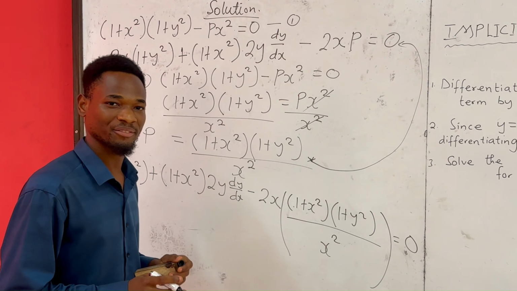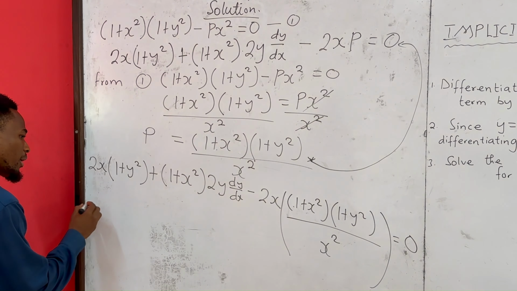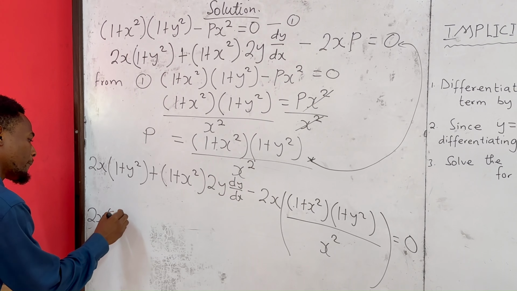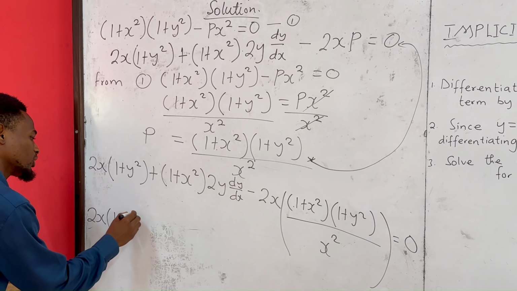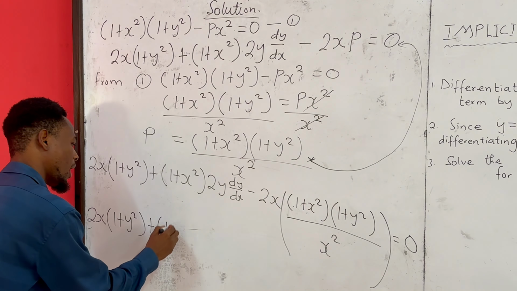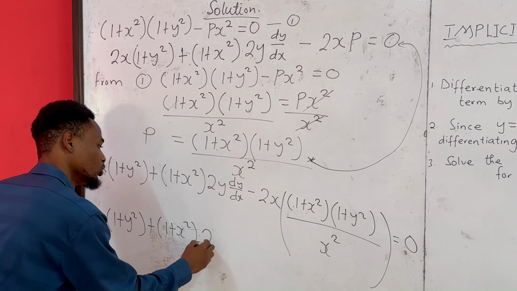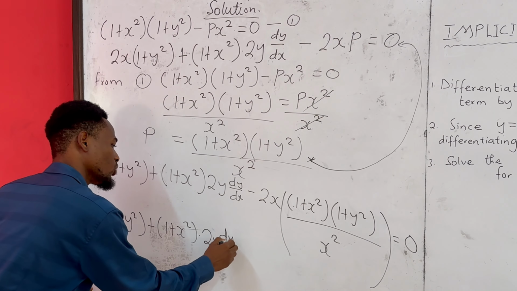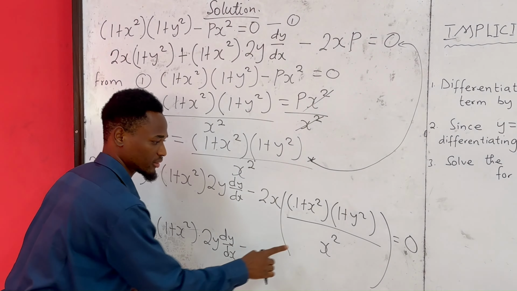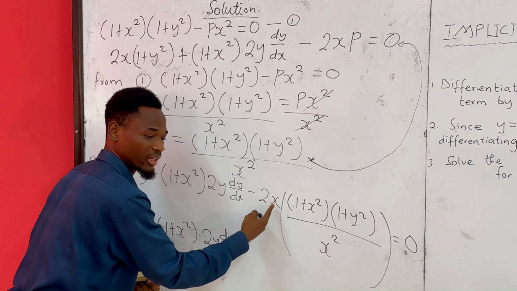I hope you are following. So I'll have 2x times 1 plus y², plus 1 plus x² times 2y, I have my dy over dx, minus. In this term, one of the x cancels the x over here.